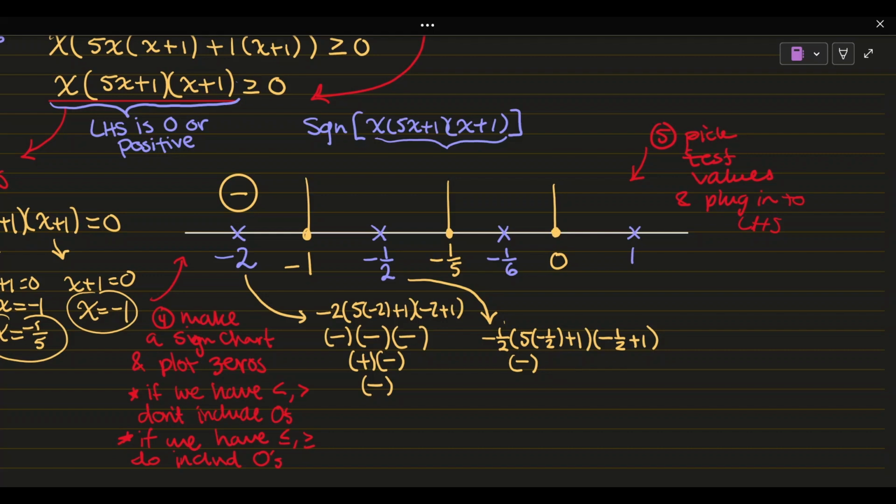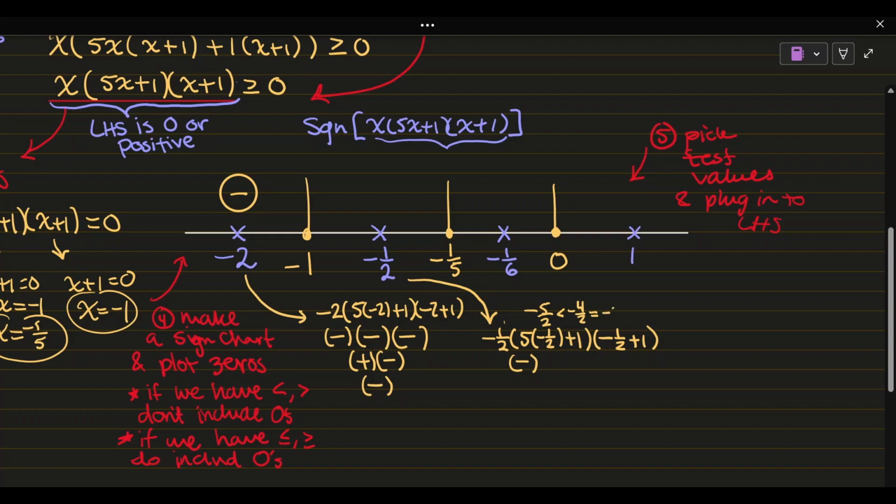Let me restate that. For this middle one, we're just going to use a little bit of logic to figure out if this is positive or negative. We know that negative 5 over 2 is less than, not less than or equal to, but less than negative 4 over 2.